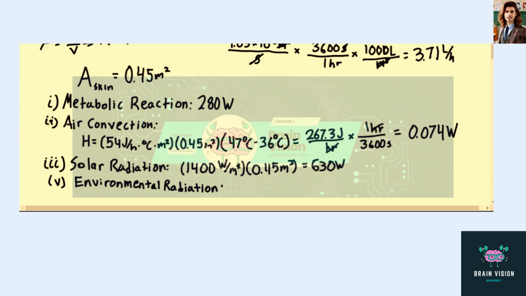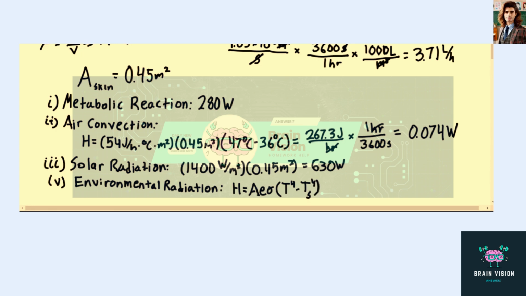So now, the expression for H still will be equal to A times E sigma times T to the 4 minus T sub S to the 4th.